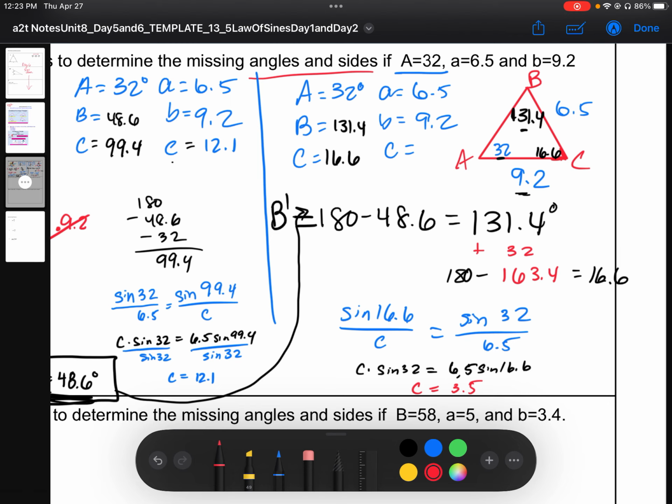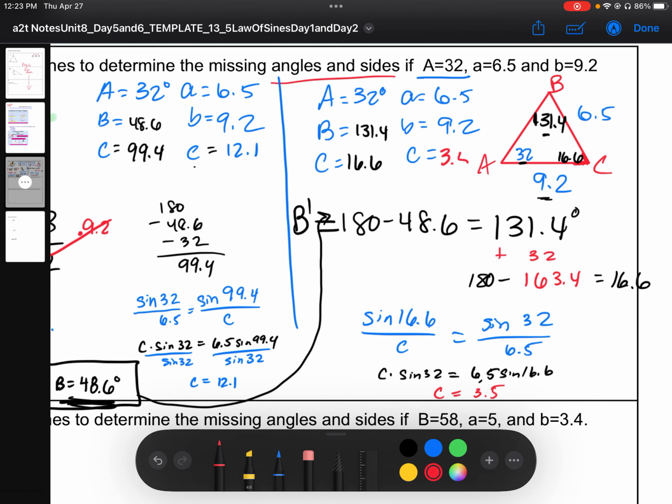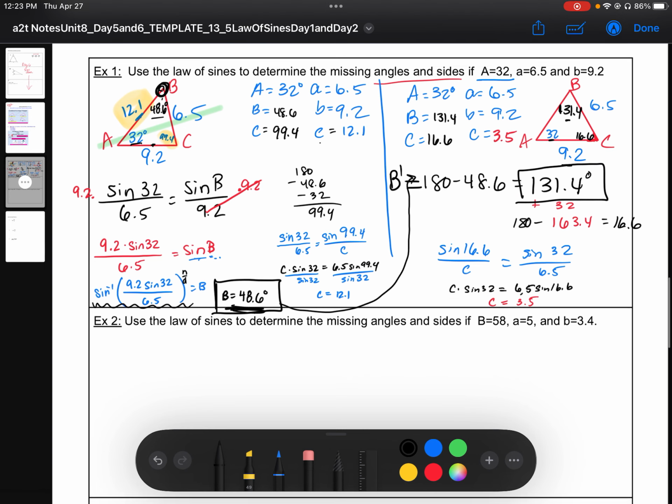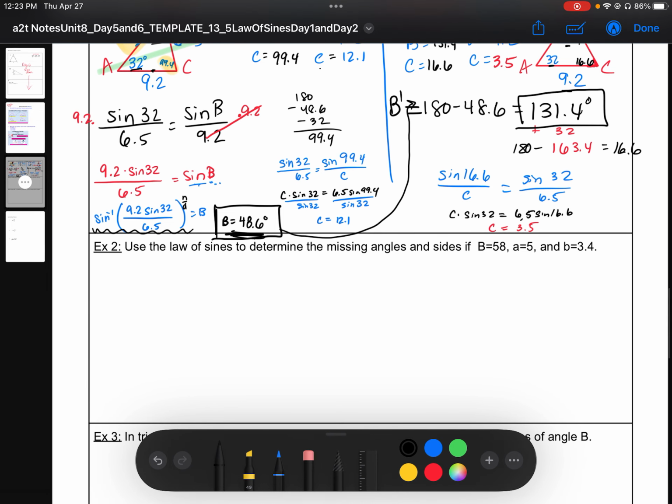All right. So we have successfully confirmed that there's two triangles. If I strictly asked you what are the possible angles of angle B, it would be 48.6 and 131.4. Number two, use law of sines to determine the missing angles and sides.